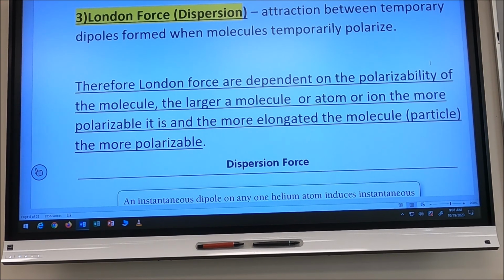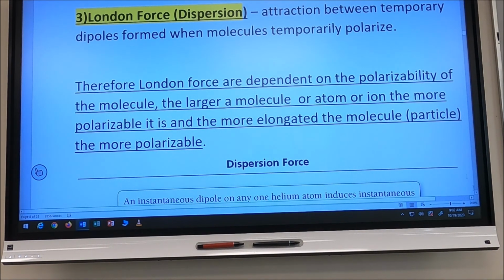London forces are dependent on the polarizability of a molecule. The larger the molecule or atom or ion, the more polarizable it is. The more elongated the molecule, the more polarizable it is. What does it mean to polarize? Well, it's when you take something that's got an even distribution of electrons and you cause the electron distribution to become lopsided.